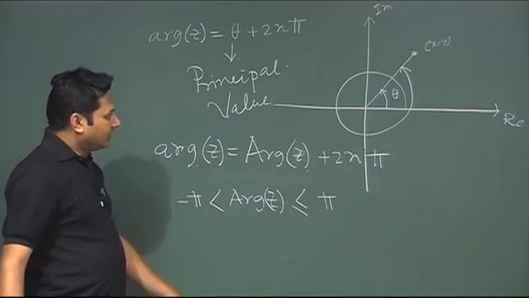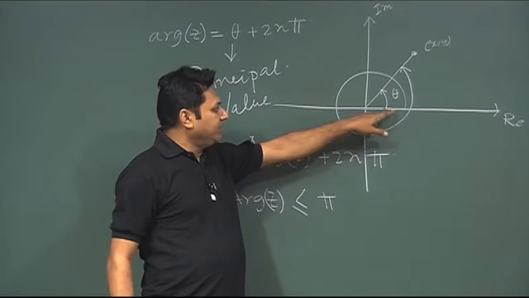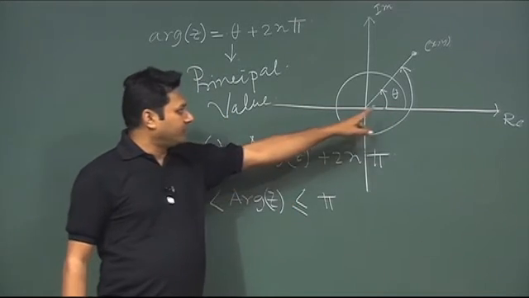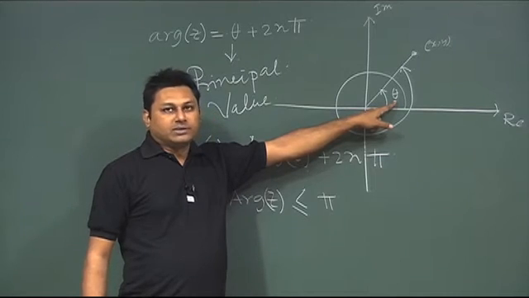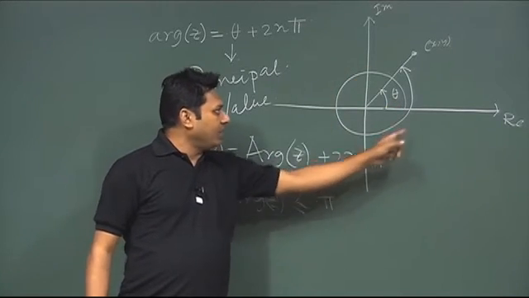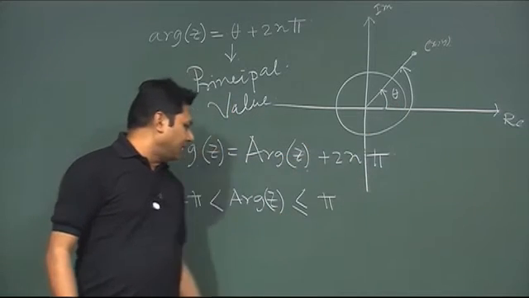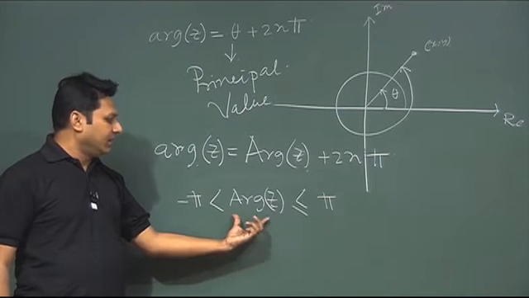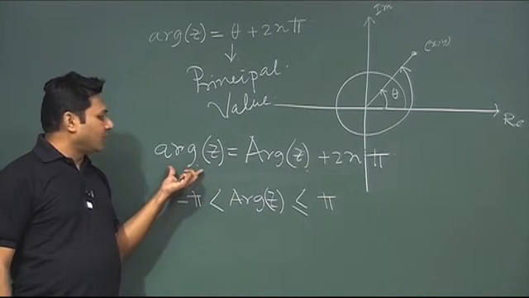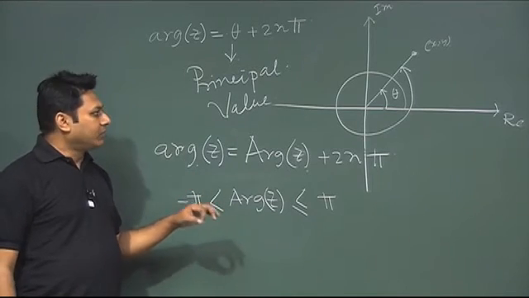For example, here the first theta is this one, which is between pi and minus pi. So, for this theta, it is obviously the principal value. But if I make one round and go to this point, that means theta plus 2 pi, which is not in this range, but still this gives you the same point. So, that theta is not a principal value, but it is a value with 2 pi added to the principal value.